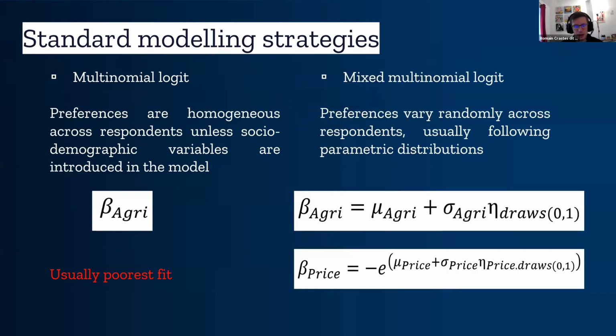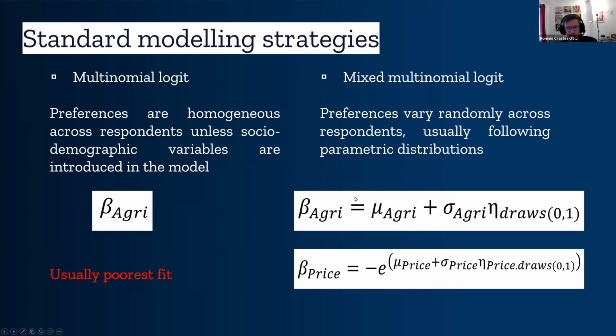That's why most choice models move to the mixed multinomial logit, where it is assumed that preferences vary randomly across respondents, usually following a parametric distribution. Here, for example, given that people might either like or dislike changing agricultural practices to improve protection against flood, I can specify beta agri as being normally distributed, okay?